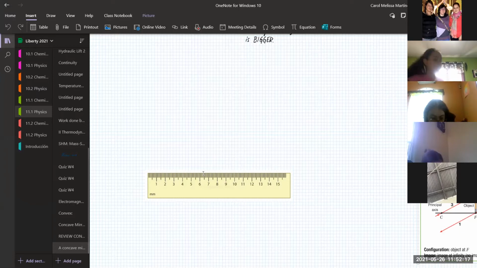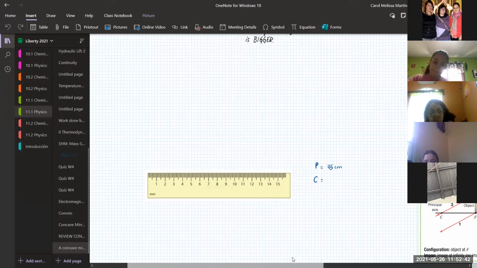To draw the sketch in the ray diagram, pay attention to this. You need to know where the object is going to be placed. It is 45 centimeters. You need to know where you have the center of curvature. Why these points? Because those are the points where the lines are going to be intersected, okay?